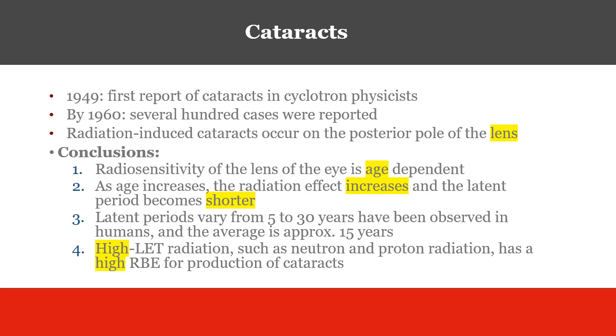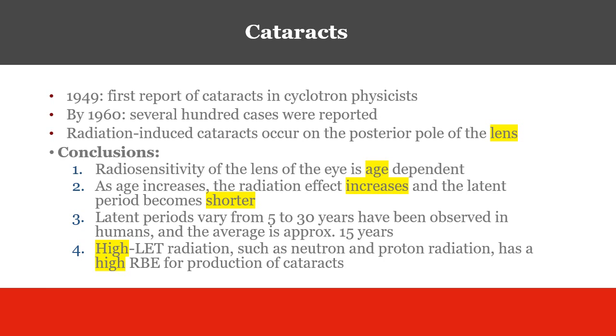And unfortunately, they looked directly into the beam when they did so. As a result, they did have excessive exposure to the lens of the eye and resulted in having cataracts. And since there weren't that many cyclotron physicists at that time, they found that by 1960 they had several hundred cases that were reported in this small population group.